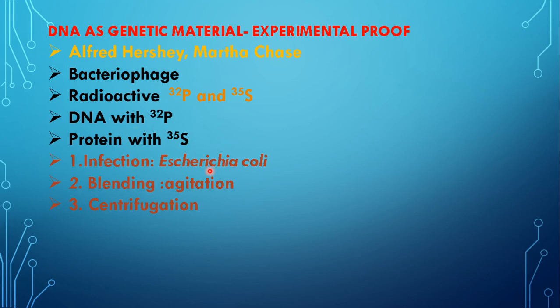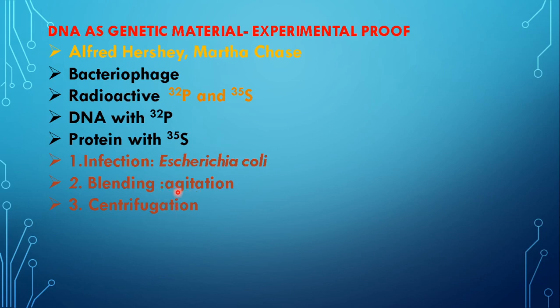That was certain. Then they allowed blending, that means vigorous agitation, following the growth of Escherichia coli. Inside the Escherichia coli, bacteriophages have definitely grown. That content was subjected to vigorous agitation, after which it was centrifuged.